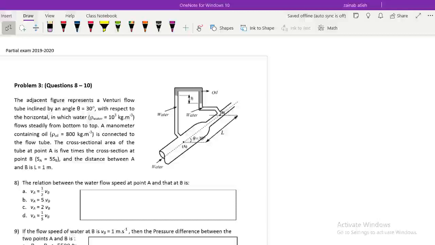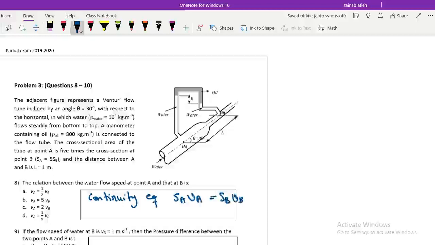So we think directly of the continuity equation. I will write the answers here. From the continuity equation, we have SA times VA equals SB times VB.